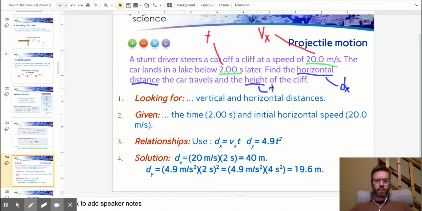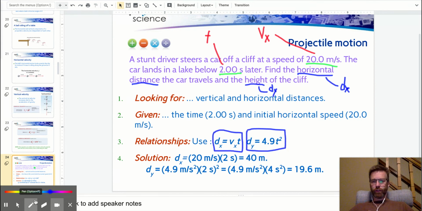It's a distance in the vertical direction. So all you see from here is these very same two tools we had a minute ago. Here's dx, that is the distance it goes sideways. It's just speed times time. And here's dy, the distance it goes vertically depends on the time squared.